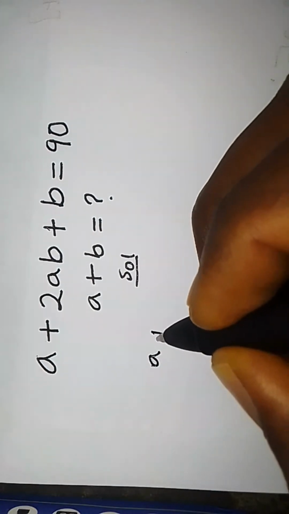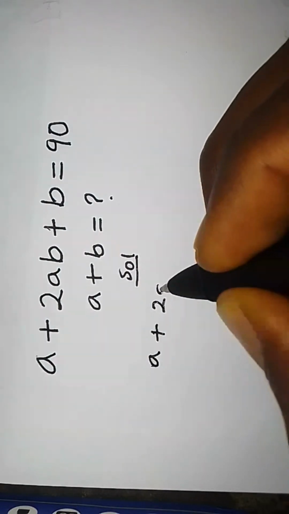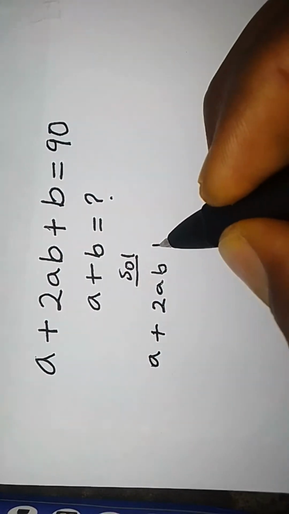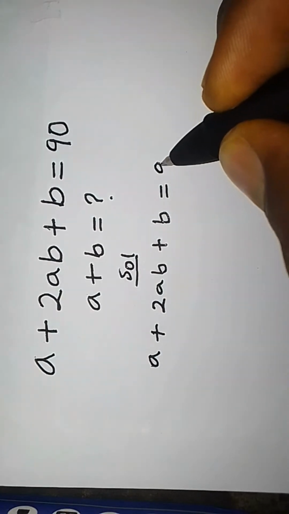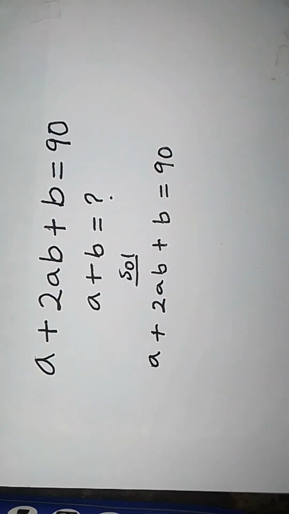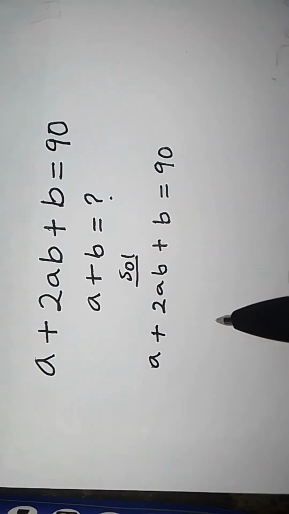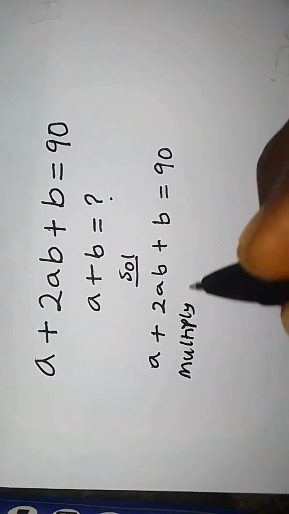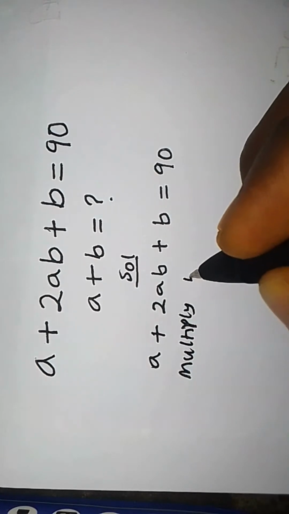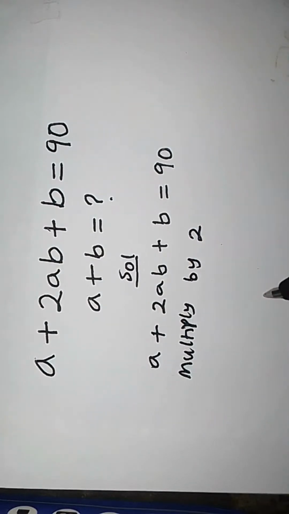a plus 2ab plus b is equal to 90. The first thing we are going to do is to multiply both sides by 2.